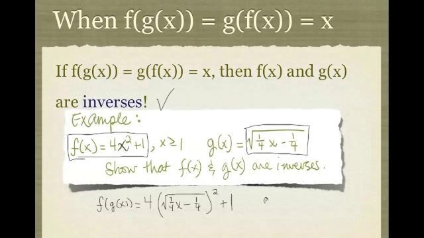And then for my g function, I'm putting my f function in it, so it's going to look like this. Putting all of that in, the 4x squared plus 1, and then don't forget the minus 1/4. Okay, so stop the video and work those out, simplifying them, and see if they equal x.